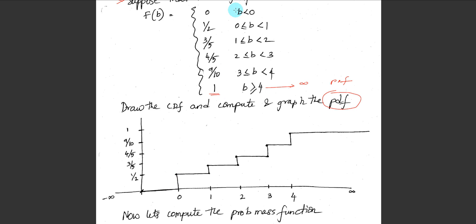Based on the information that is given to us, if the value of b is less than 0, your cumulative distribution function is 0, which means it stays at 0 all the way from negative infinity up until 0, where it increases by 1/2, which is this bump that you are looking at, the 1/2.